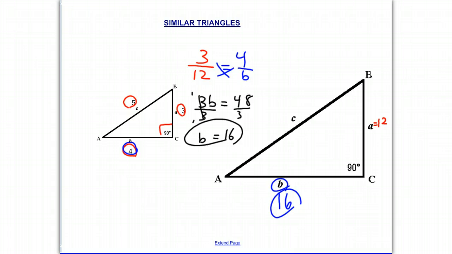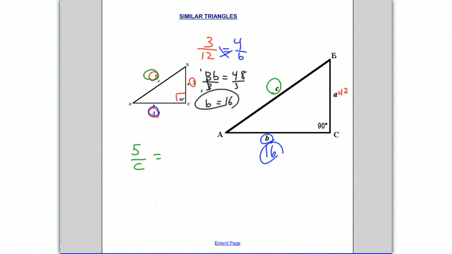In a similar way, we could find side C. Now you have a couple of options for side C. You do know that you could use the Pythagorean theorem. And if you know one side is 16, one side is 12, you can use the Pythagorean theorem to get C. But since we're dealing with similar triangles, let's continue with that. So we will say this side is 5, and we're trying to find C. So we know that 5 is to C. And now let's just pick another pair, any pair of corresponding sides.